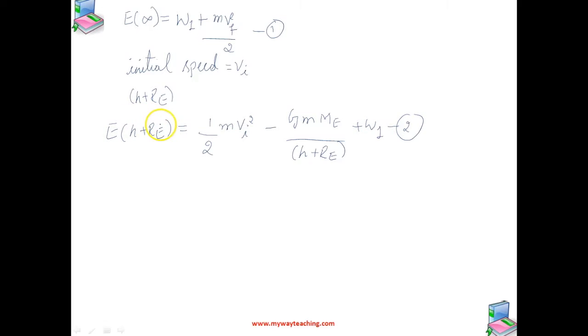By the principle of conservation of energy, these equations 1 and 2 must be equal.